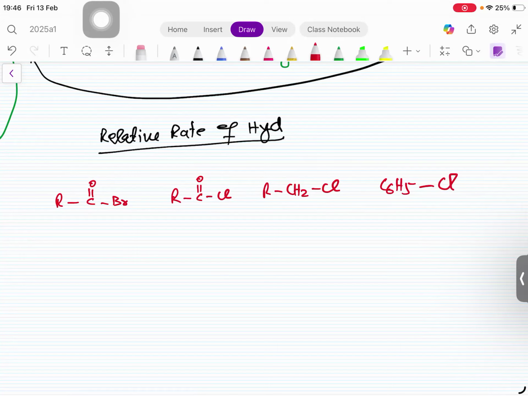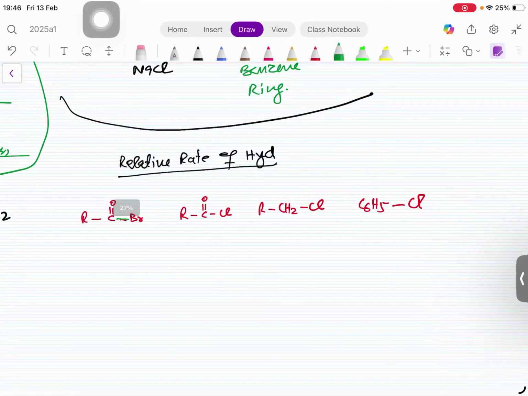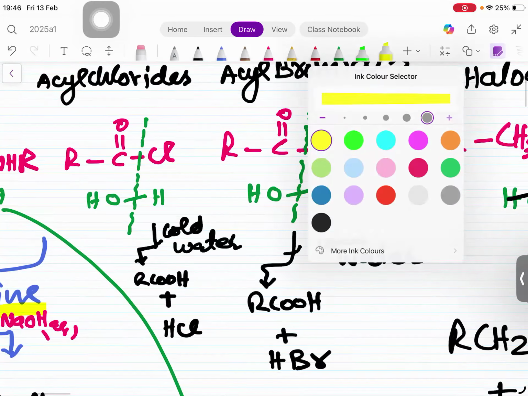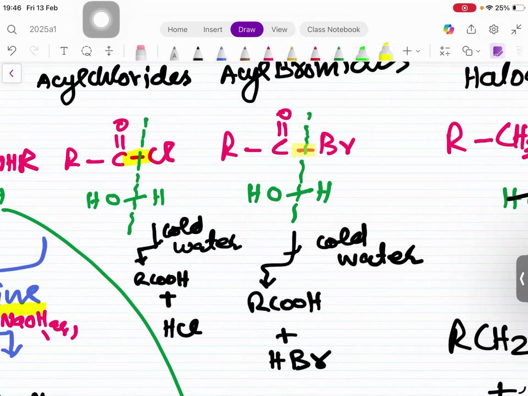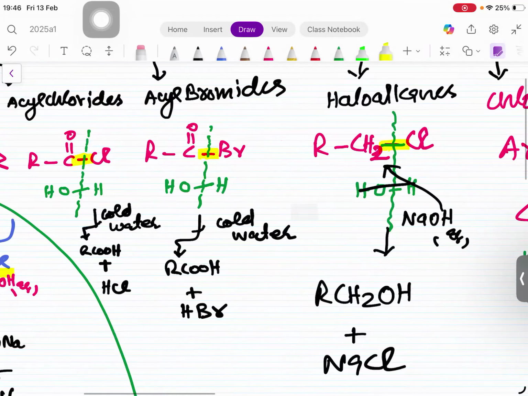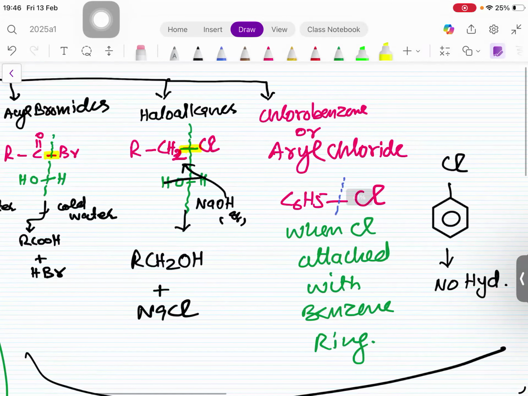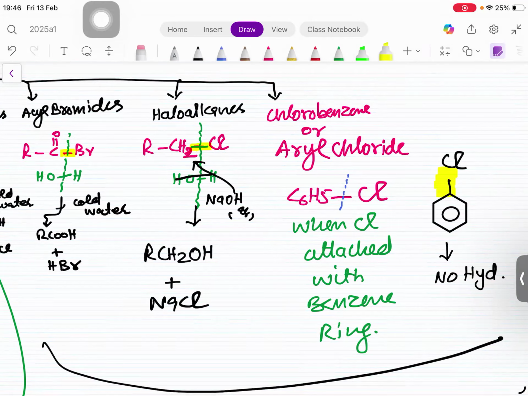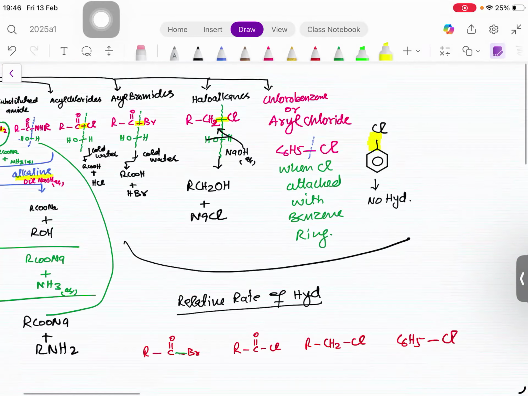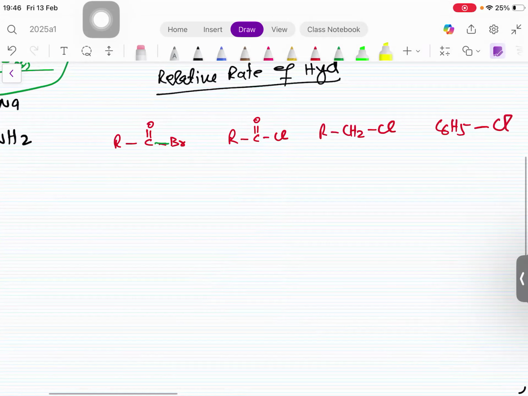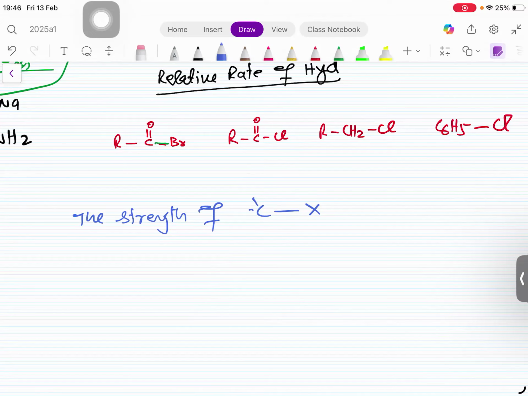Okay? Now, the rate of hydrolysis in all these cases, you see which bond breaks. When the hydrolysis takes place, which bond breaks? The C-Cl bond always breaks. So that's why the rate of hydrolysis always depends on the strength of the C-X bond.